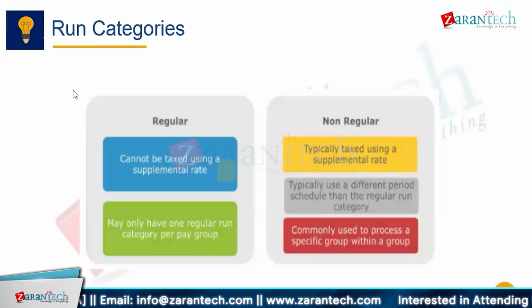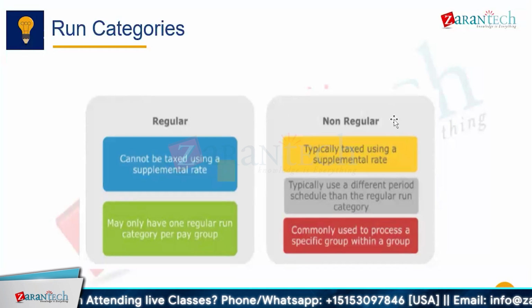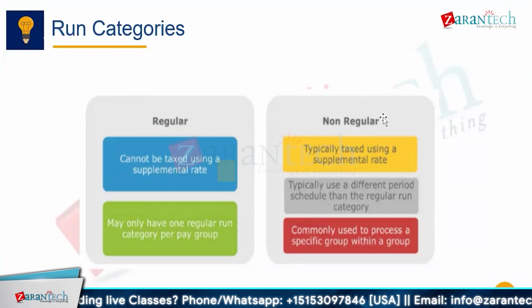Now, run categories, right? There can be two types of run category. As I said, one is a regular run category. A non-regular run category comes into the picture when you want to, and this is all in my experience of 7-8 years in Workday Payroll, I have only seen non-regular run categories come up when they want to process bonus separately, right?